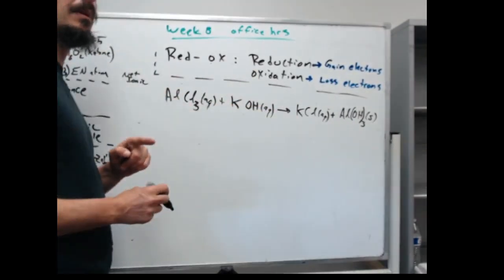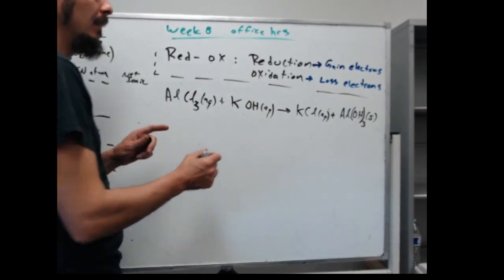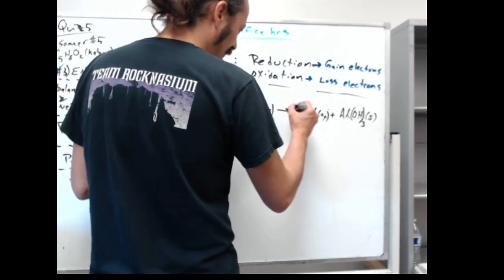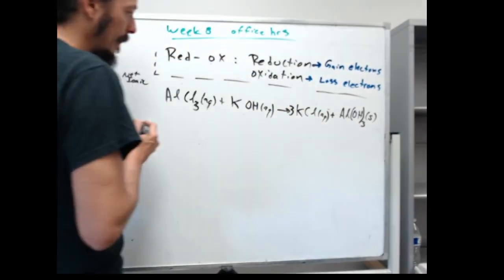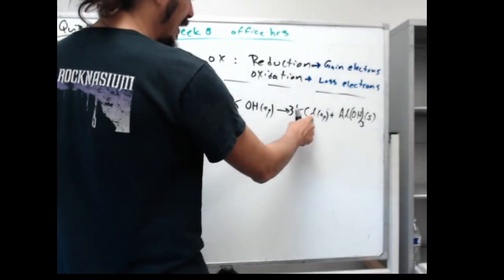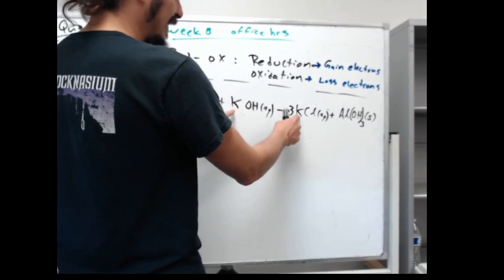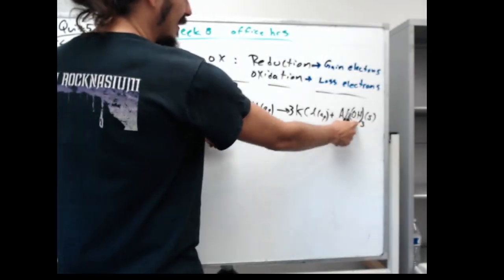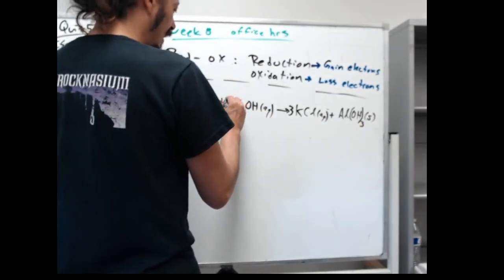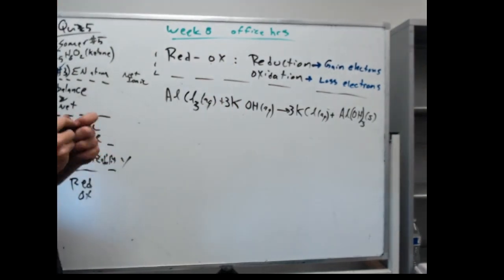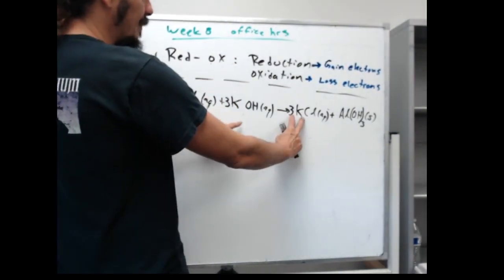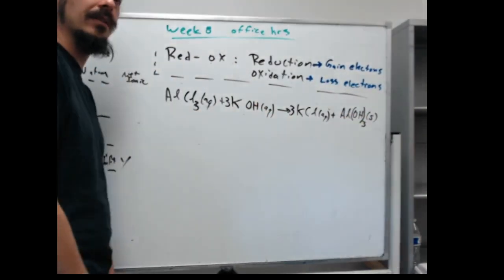I can't change my subscripts, that would change my compound. So I'm going to put a 3 out front here. Now I've got 3 chlorides, that looks great. 1 hydroxide, 3 potassiums, 1 potassium, 3 hydroxides, 1 hydroxide. 3 out front here is going to take care of it. That gives me my 3 potassiums, and 3 hydroxides, 3 hydroxides.